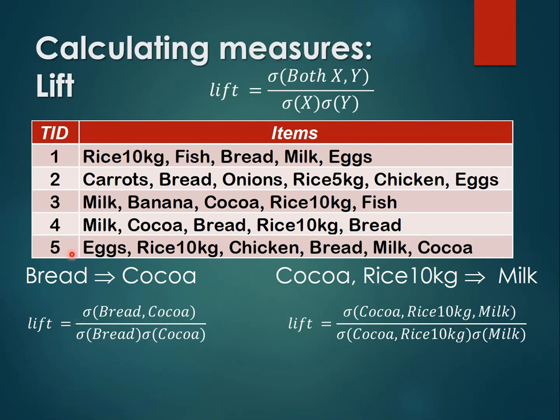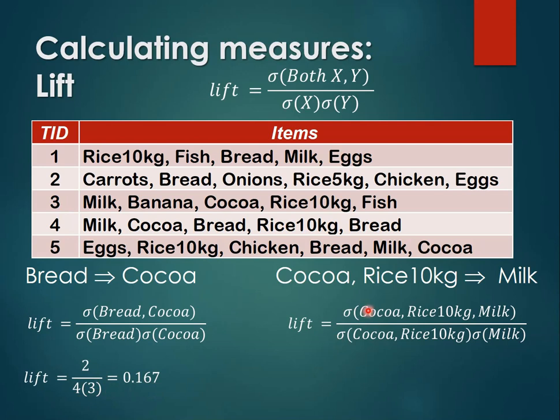There are 4 transactions that contain bread: 1, 2, 3, and 4. And for cocoa, we have 3 transactions: 1, 2, and 3. So we have 2 divided by 4 times 3, which is 0.167.